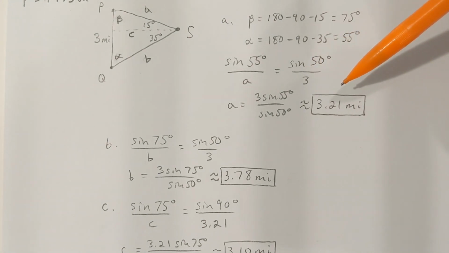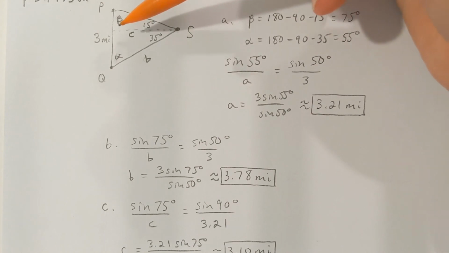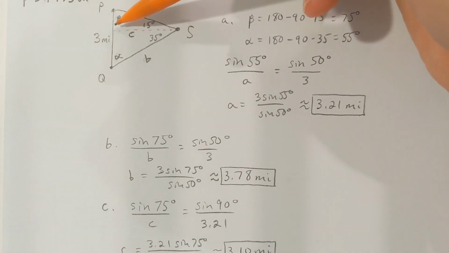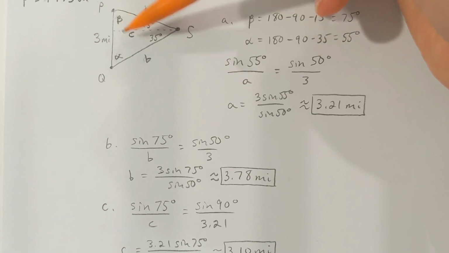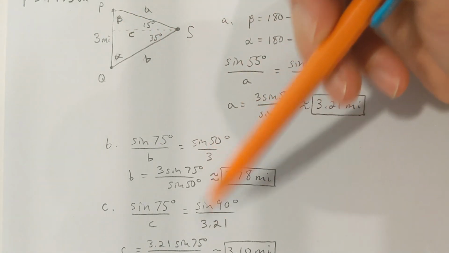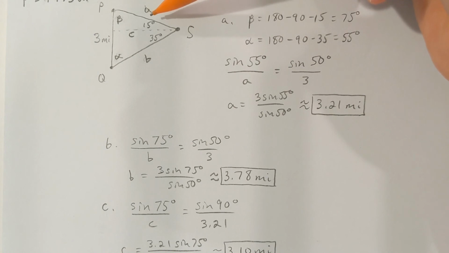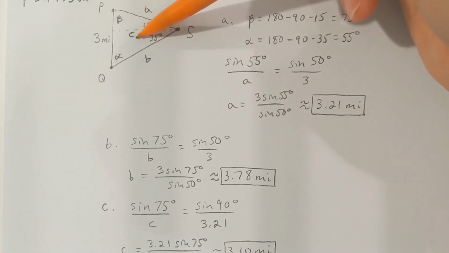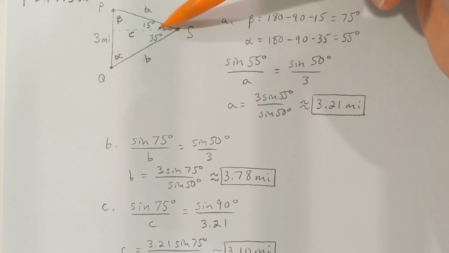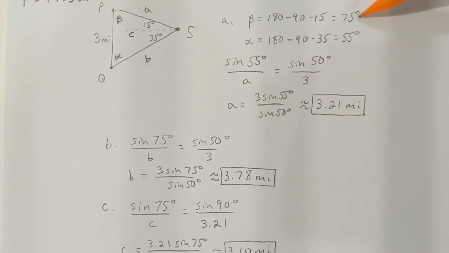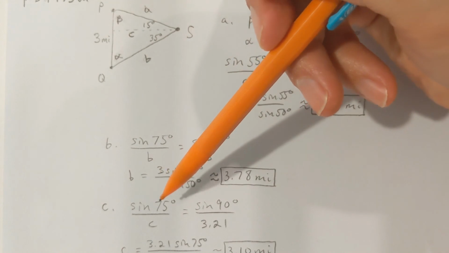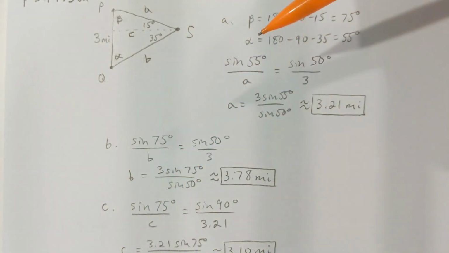And A in this triangle up here is opposite 90 degrees. So sine of 90 degrees over A, which is 3.21, would be equal to, C is opposite beta in this triangle. Beta is 75 degrees, so I'd say sine of 75 degrees over C on the other side.